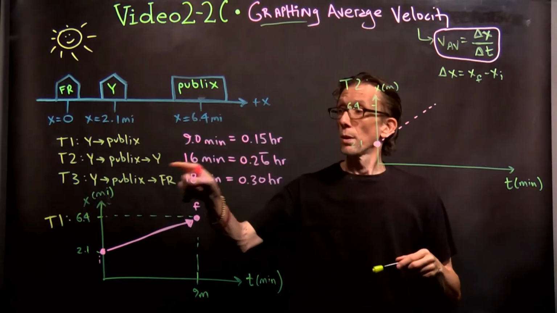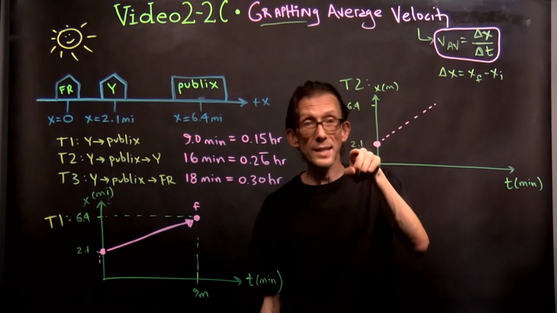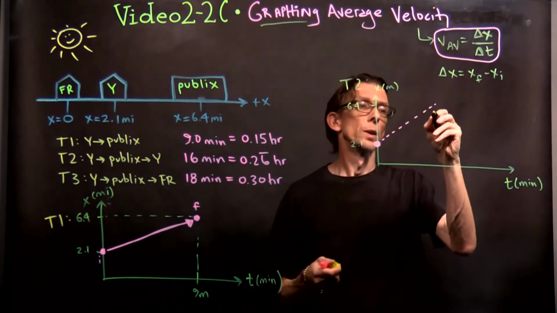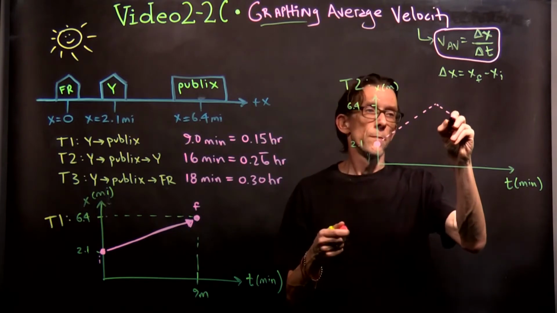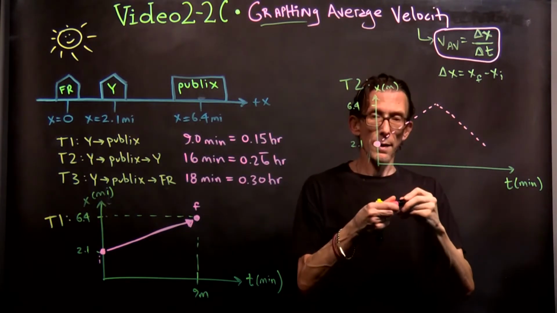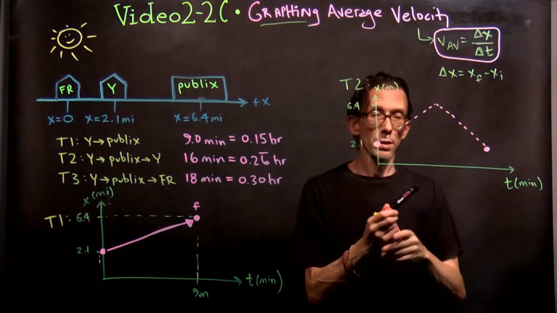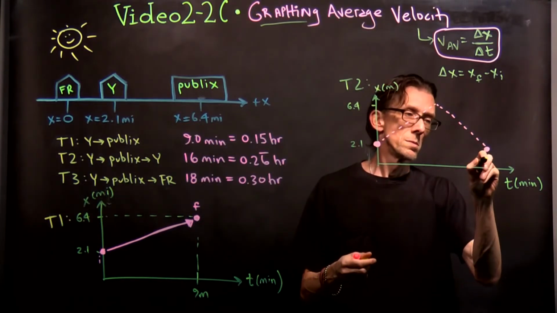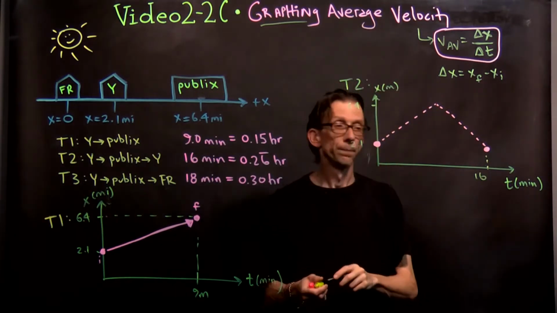And where do you end up? You go from your house to Publix back to your house. So you're going to end up at the same value of x where you started. You're going to come back down this way and arrive at 16 minutes.